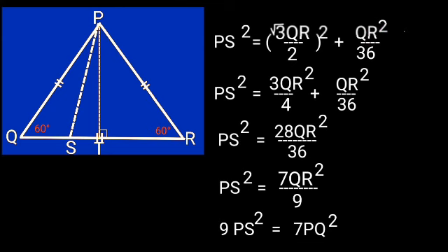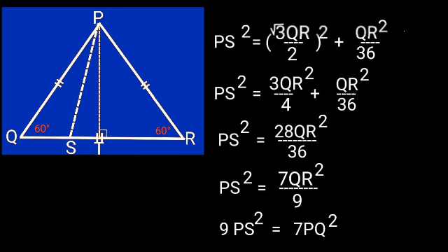Hence, PS square is equal to 3 QR square upon 4, under root 3 square, that is 3, 2 square, that is 4, and QR square upon 36.